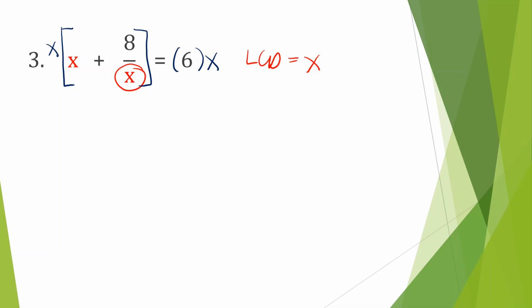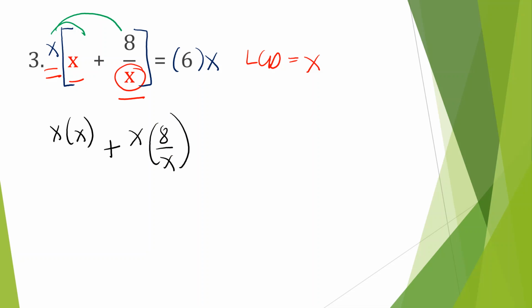Next, let us apply the distributive property of multiplication. So we have x times x plus x times 8 over x, which is equal to 6 times x.